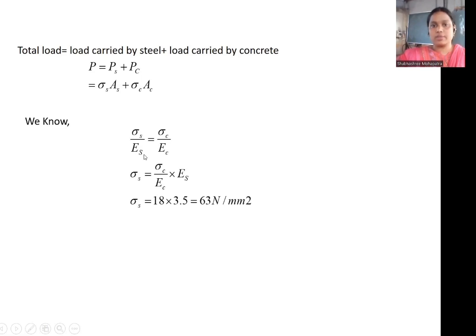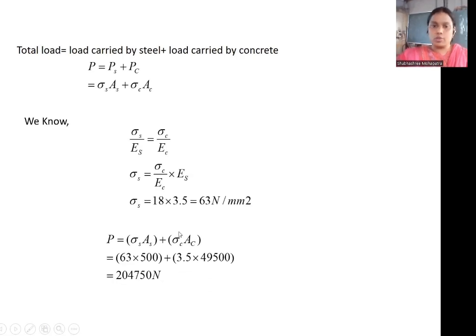So sigma S by ES is equal to sigma C by EC. We know the value of sigma C, and ES by EC, the modular ratio for steel and concrete, is given. So we can easily find the sigma S value. Sigma S will be equal to ES by EC, which is 18, times sigma C, which is 3.5. So it will be equal to 63 Newton per mm square.